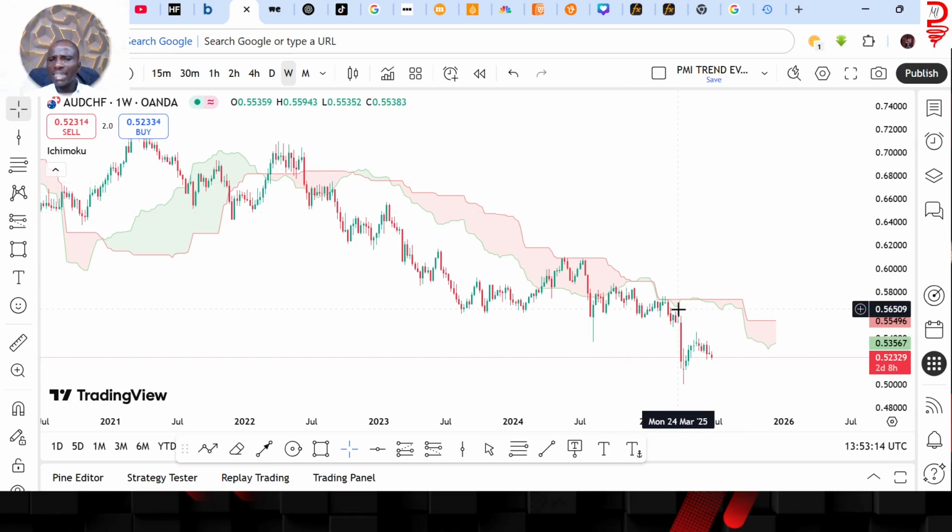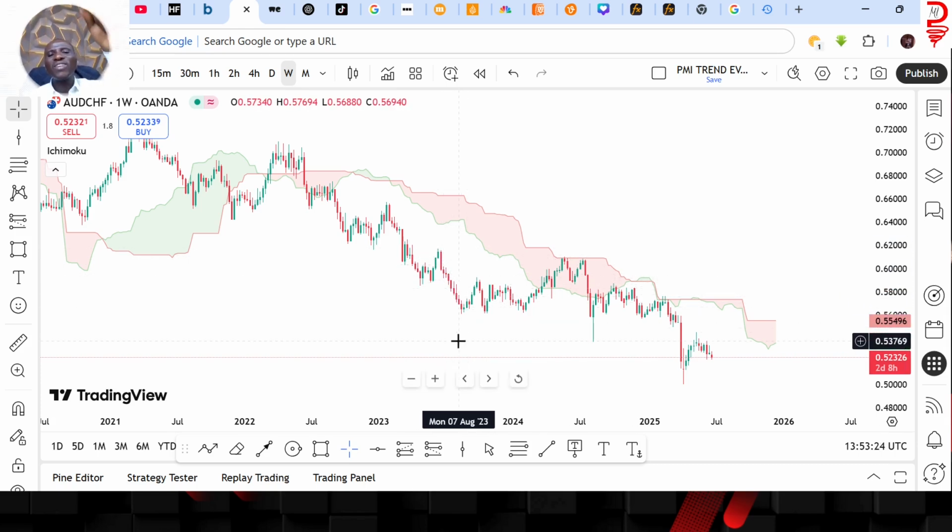Just imagine this massive move. This is the effect of capital flow. All this capital flow is what we call an impulse wave in technical terms. In fact, subsequently, I'm going to be releasing videos that will be dissecting the technical aspect of our trading system. You are going to love it.